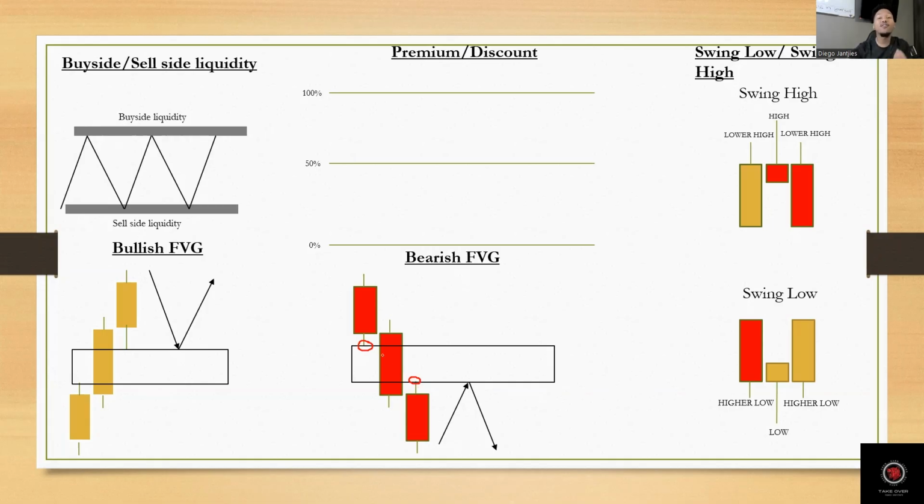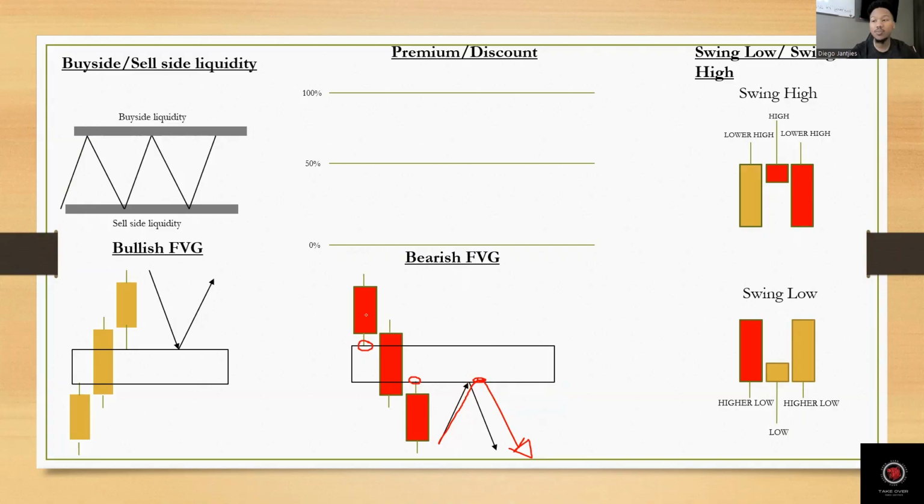A fair value gap is simply an imbalance in price. So all you're going to do is wait for price to tap inside this area for you to go short. Price doesn't necessarily have to fill up this whole gap. It does not have to do that. Price can literally just tap and have a shift towards the downside.